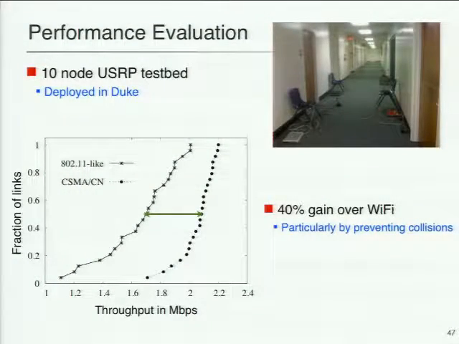So let's see how much throughput gain can we have by preventing collisions in our network. To do that, we had a 10-node ESRP testbed deployed at Duke, and we found that across topologies, on average, we had a 40% gain in throughput over Wi-Fi, and this was particularly by preventing collisions.